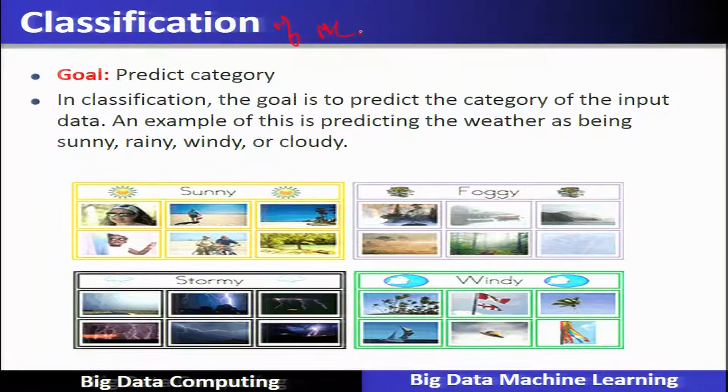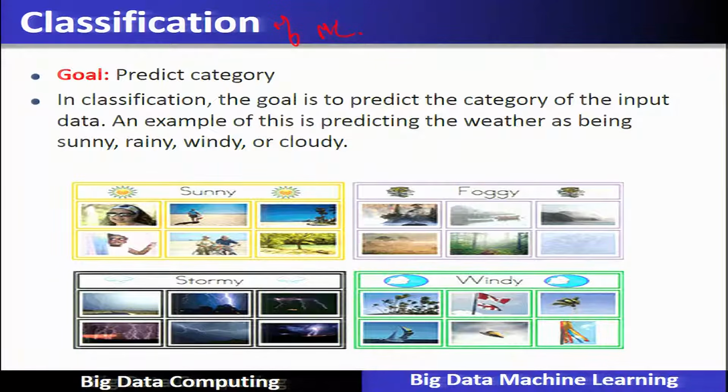In classification, the goal is to predict the category of the input data. An example of this is to predict the weather as sunny, rainy, windy or cloudy.